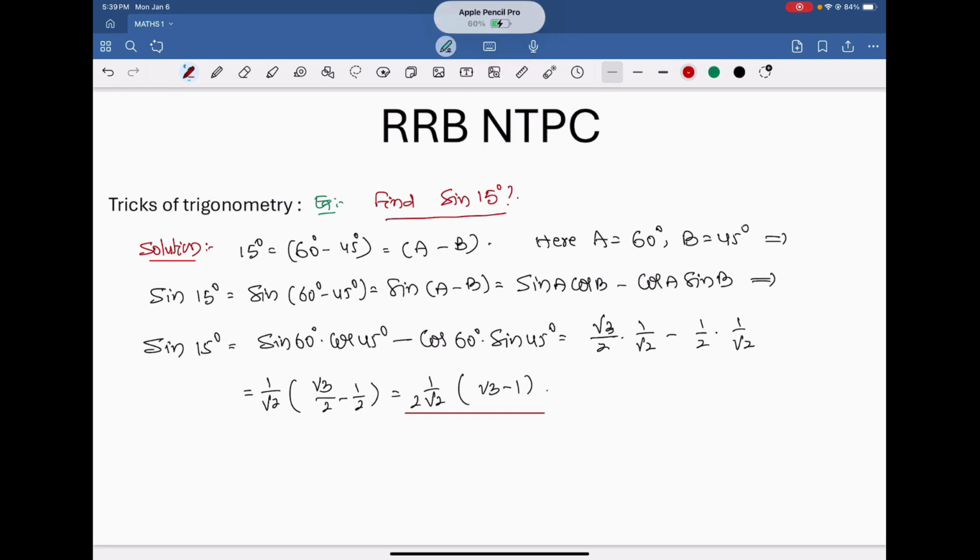Now, can we extend this concept to other degrees, other angles, which by chance are asked in the examination, for which you do not remember the values, like sin 45, cos 45, tan 45, sin 30, cos 30, tan 30, sin 60, cos 60, and tan 60?